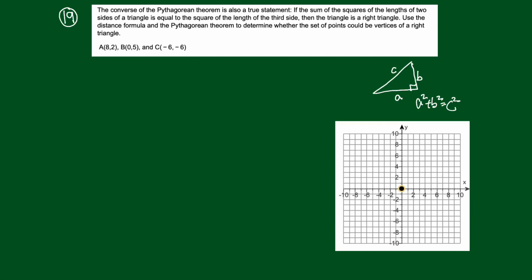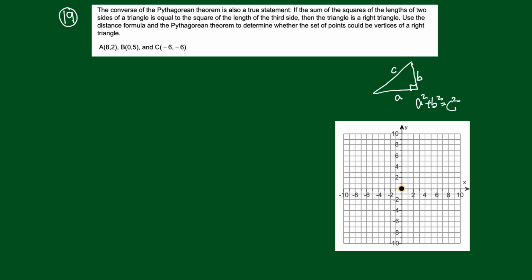And that's what this says here. Let's read it over. I'm up here at the top. If the sum of the squares, look at our formula here. Here's the sum of the squares. If the sum of the squares of the lengths of two sides is equal to the square of the length of the third side, there's the square of the length, C, of the third side.